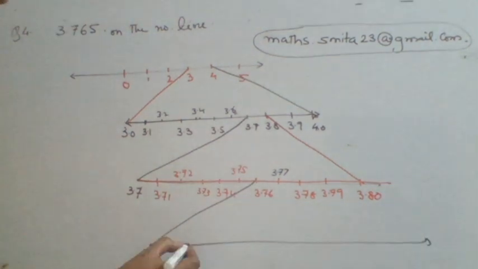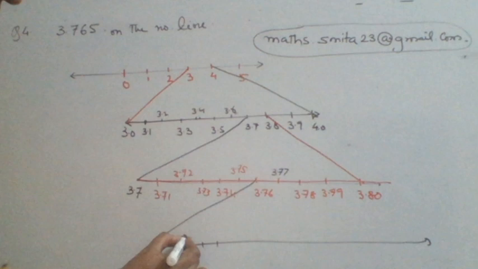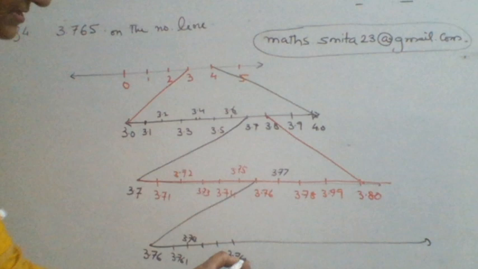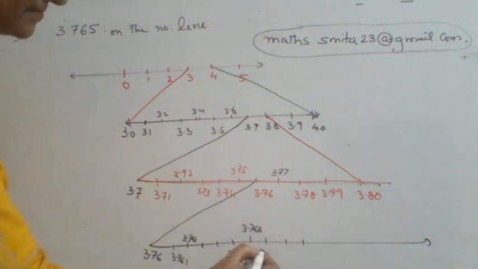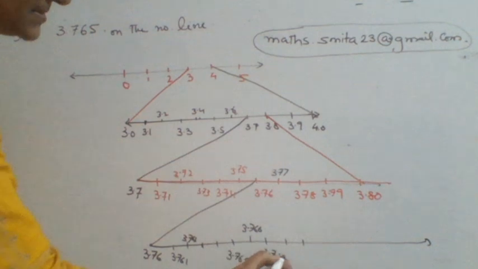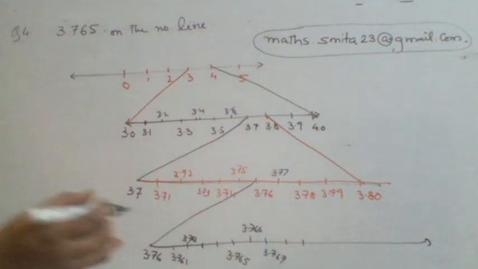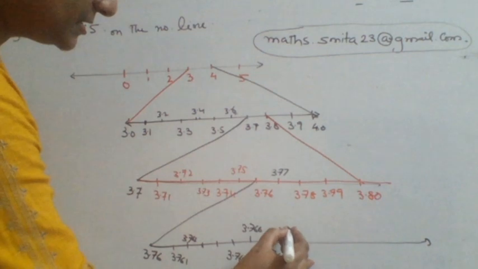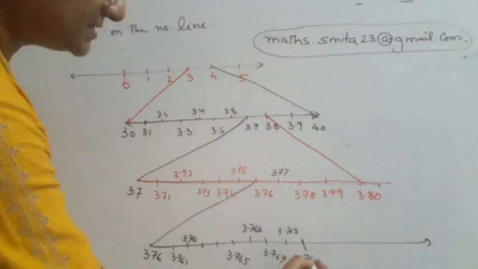So this is your 3.761, 3.762, 3.763, 3.764, 3.765, 3.766, 3.767, 3.768, 3.769, 3.77.